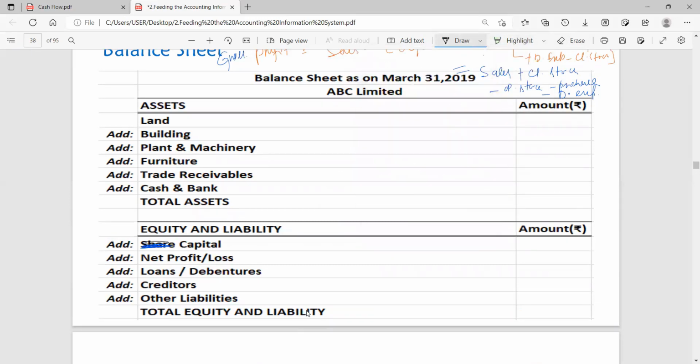So here the capital and the net profit will be added to it. And later on, if the owner wishes to take some money for his personal use, he or she will take it out of the total capital. So he can withdraw his profit or some portion of his profit.